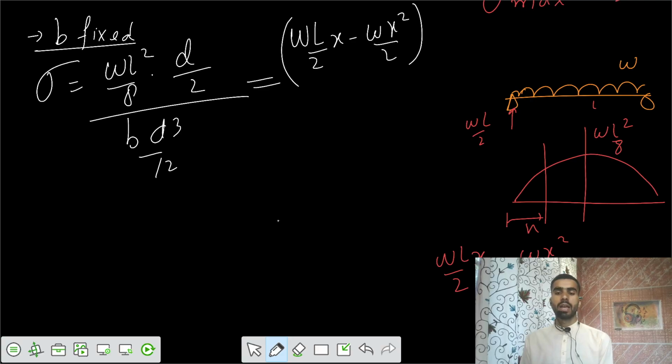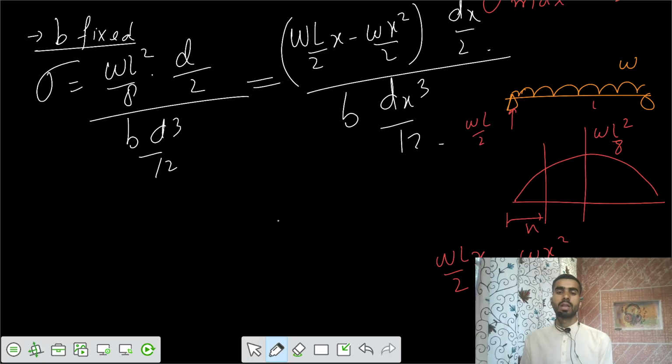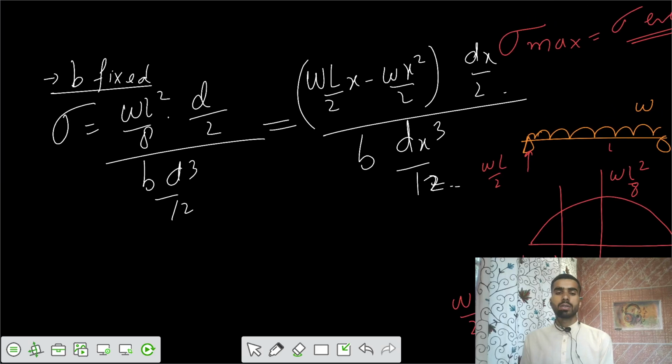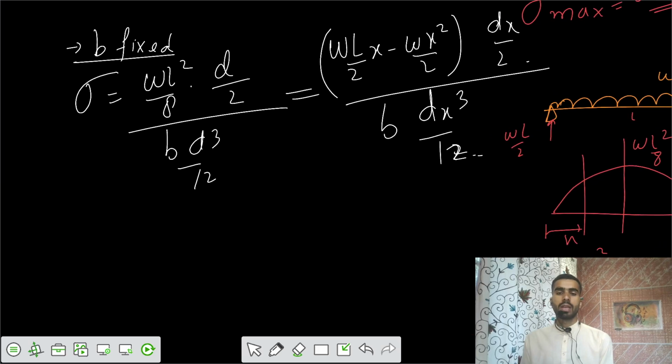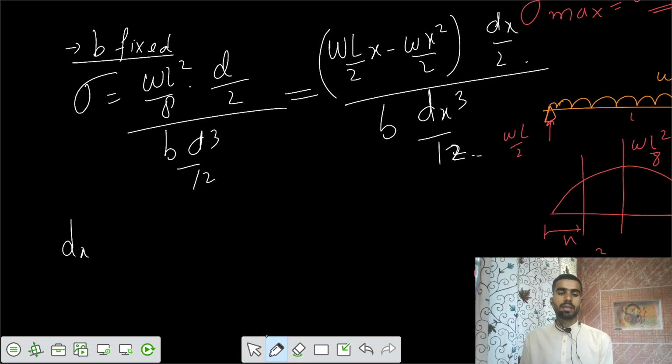Then we have depth at any x divided by 2, then width constant, then d x cubed by 12. So the equation becomes very long, but you can calculate the value of d at any x.